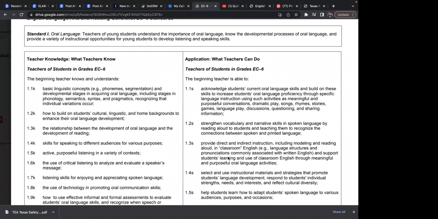So this is all about building on the students' cultural, linguistic, and home backgrounds to enhance their oral language development. Use what you know about their culture. Use what you know about where they are linguistically. Are they very low on oral language proficiency, what we would call an intermediate type ELL student? Their home backgrounds: are they not practicing English at home?